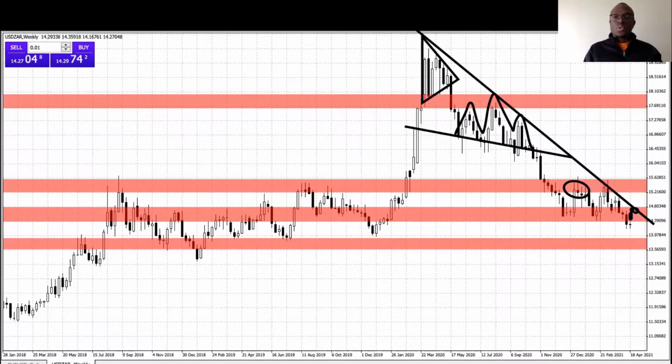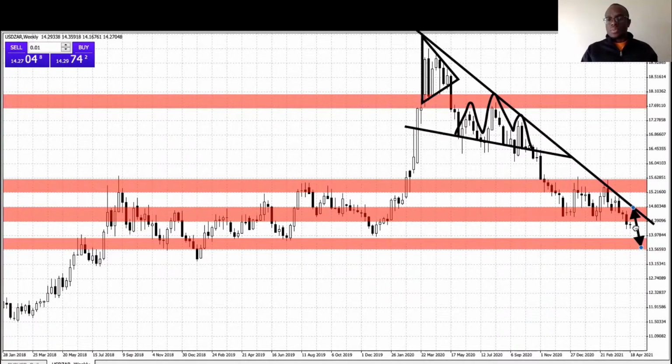So if this holds as a resistance zone, or if the price forms a lower high, then we'll be expecting the price to move to the downside up to 13.56593. Why? Because the height of this symmetrical triangle leads exactly to this price from the moment it broke outside this triangle. So this will be the first scenario that we'll be expecting.